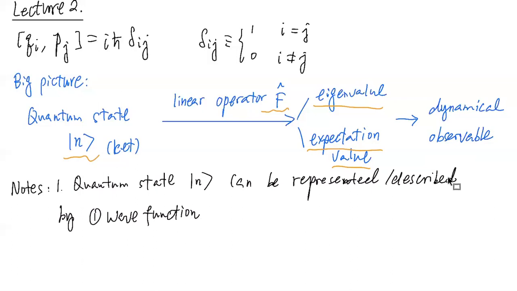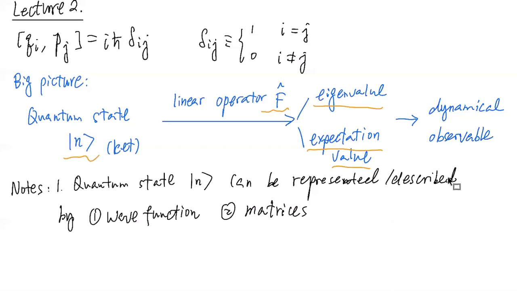You're all very familiar with the wave function, cosine. But the wave function is just one way to describe the quantum state. Although, yes, wave functions are usually used by chemists, it's just one of the many ways to describe the quantum state. We can also use a matrix.